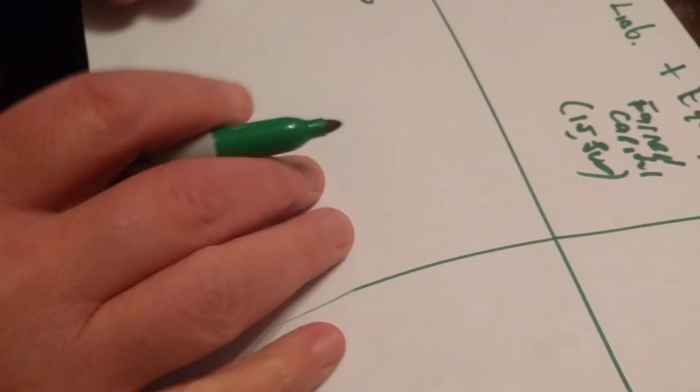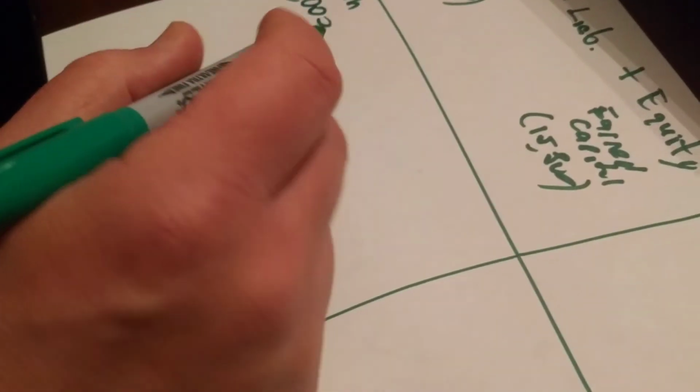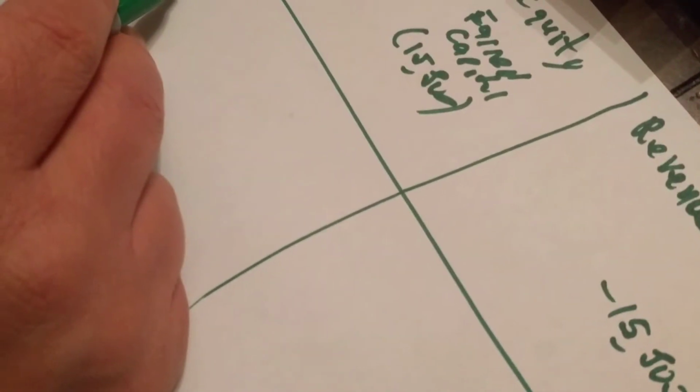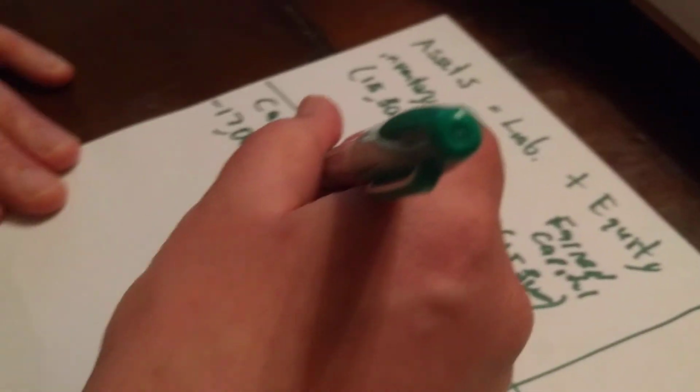And the other part of it, accounts payable, also goes down 17,000.